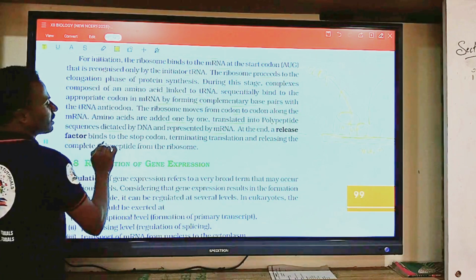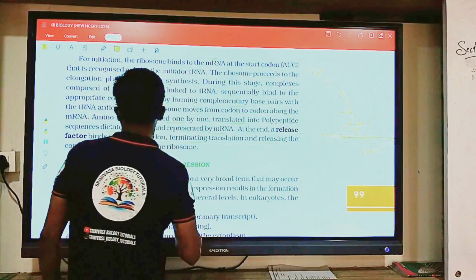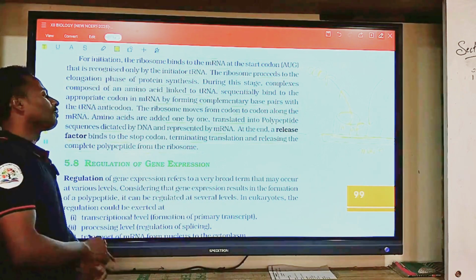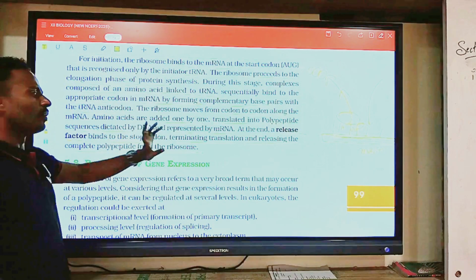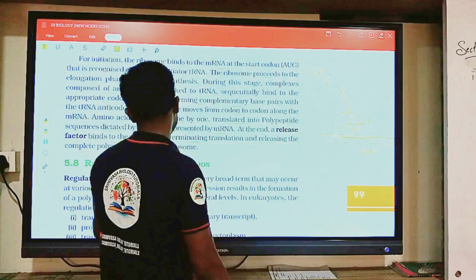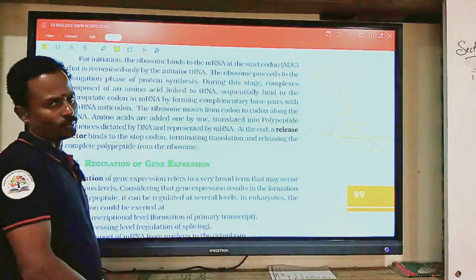When the stop codon is present, the release factor acts. In termination, translation releases the complete polypeptide chain from the ribosome.